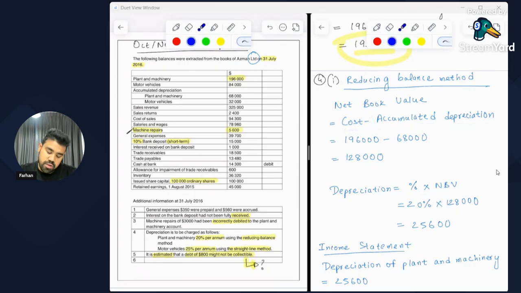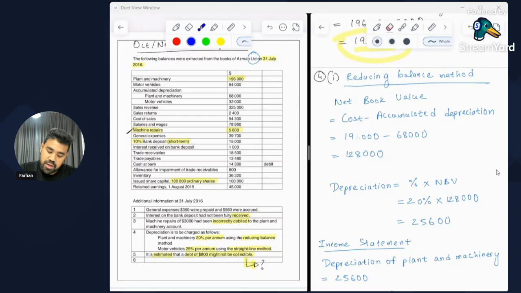Now, the cost of that asset is given as $196,000 here, but we have made a correction, which we need to fix. I think when I did my workings before, I forgot to include that, but we'll fix that here. So the cost is 193,000, not 196,000. Because we have already made the fix by subtracting $3,000, which we incorrectly included before.